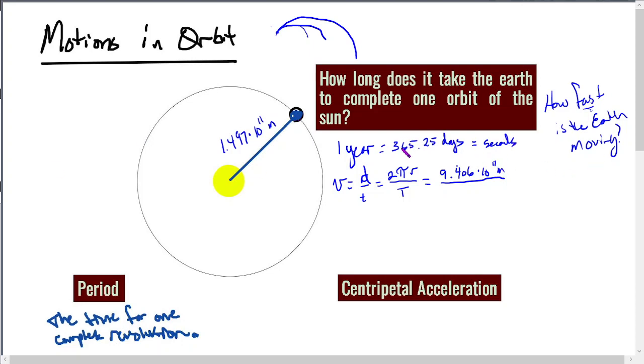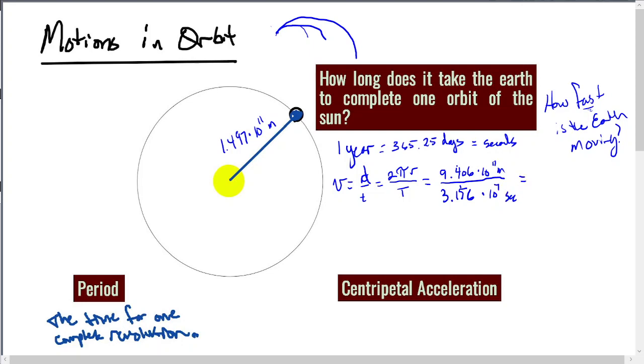And so we're going to take 365.25 days, and multiply it by 24 hours in a day, and 60 minutes in an hour, and 60 seconds in a minute, to give us 3.156 times 10 to the 7th seconds.